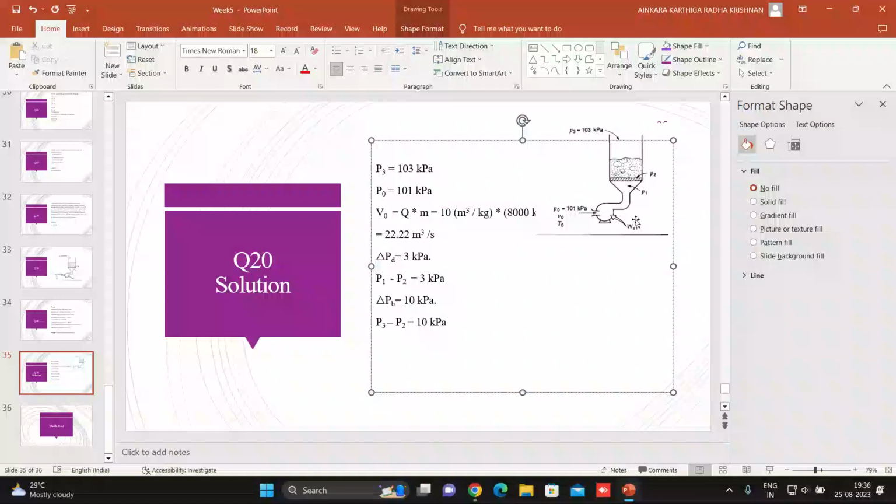So we know P3. What does it mean? P2 then would be 103 plus 10, that is 113 kilopascal.